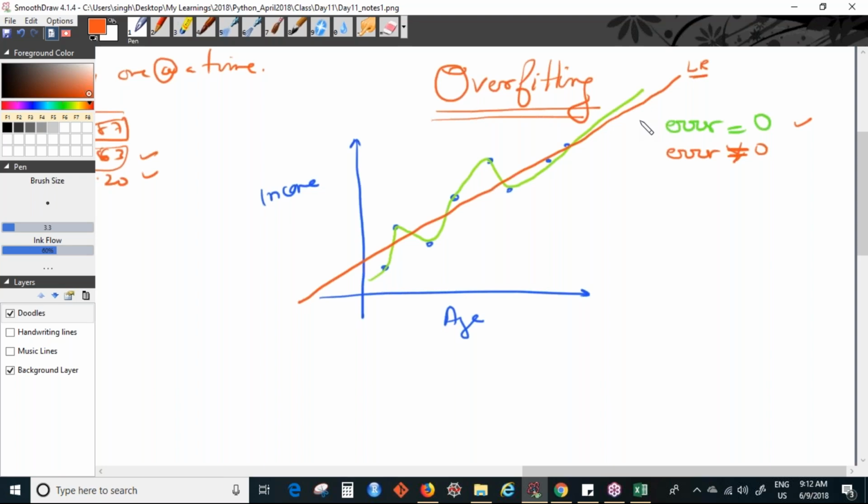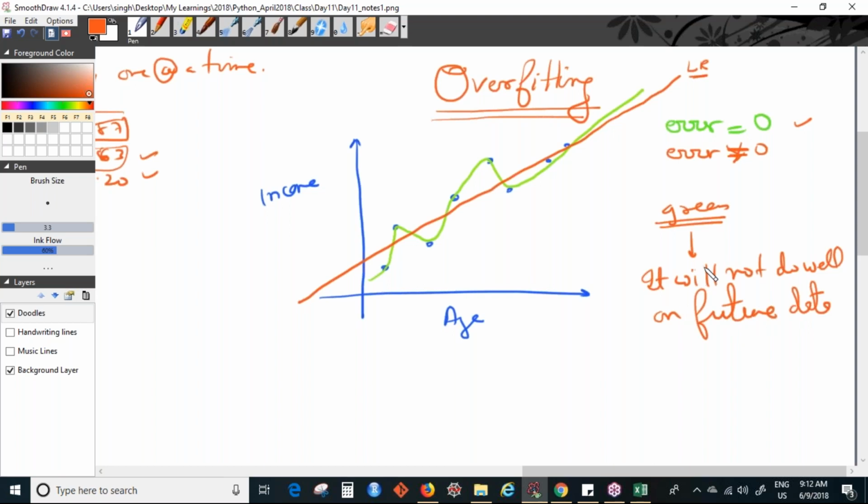Okay. Now, why will the red line be better for future prediction? Let's see. The disadvantage of the green one is that it will not do well on future data.